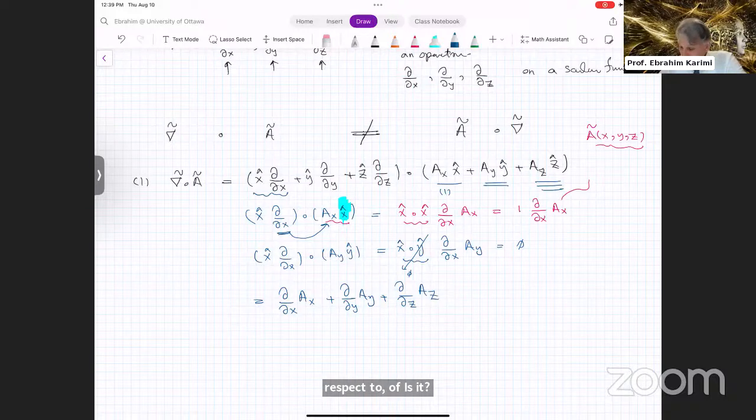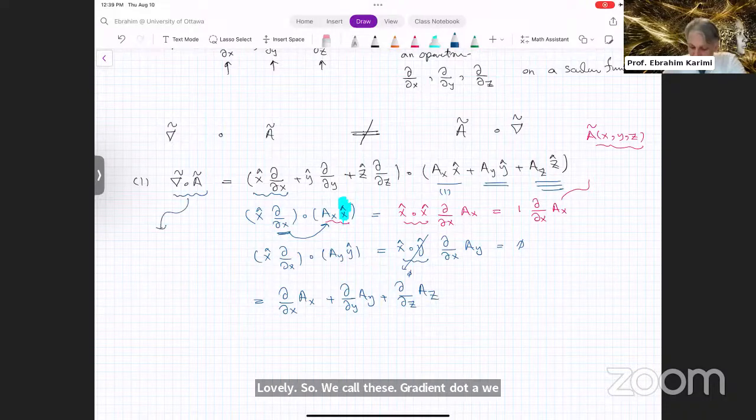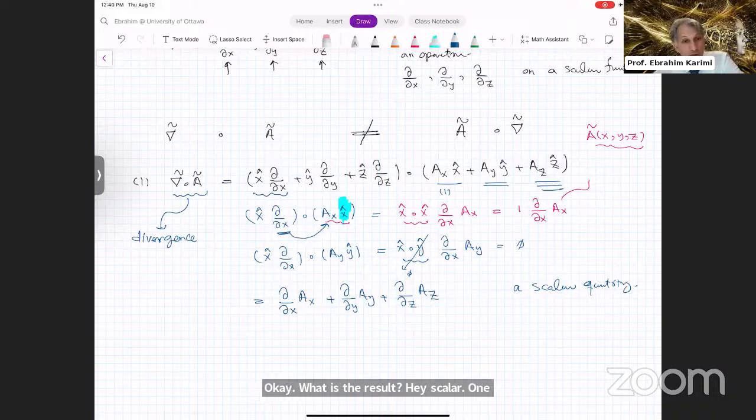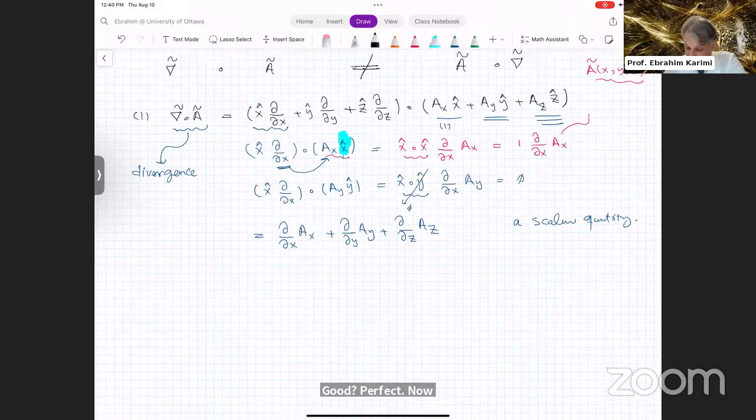We call this gradient dot A, and we have a name for it: divergence. What is the result? A scalar quantity. Good? Perfect.